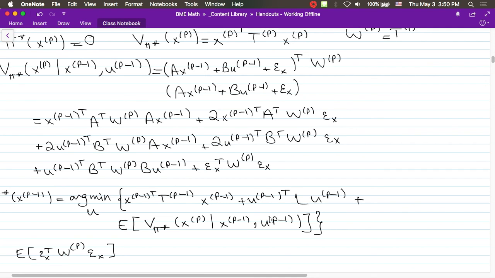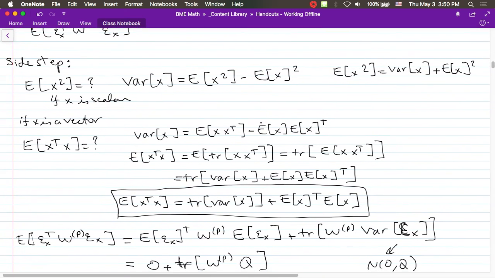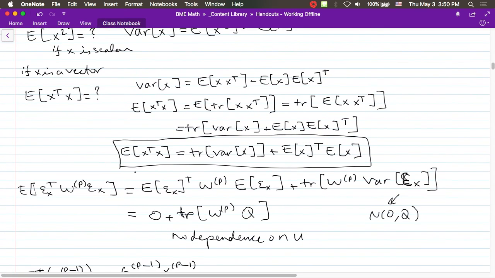The expected value of these is 0. When it's squared, then you're going to have u squared in it. Yeah, good point. It's going to have a variance that matters, right? So this expected value is going to have a trace of a variance in it, and that variance depends on u, and so the derivative of it depends on u.